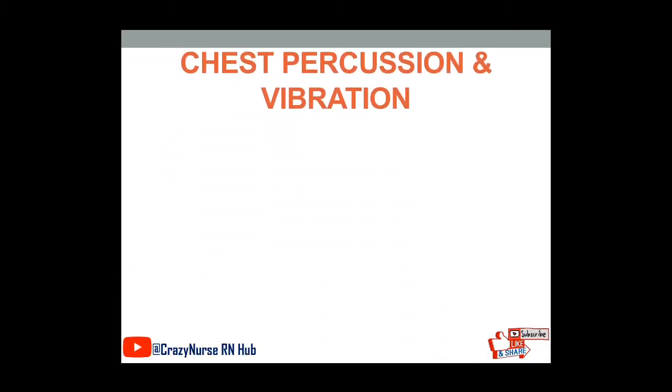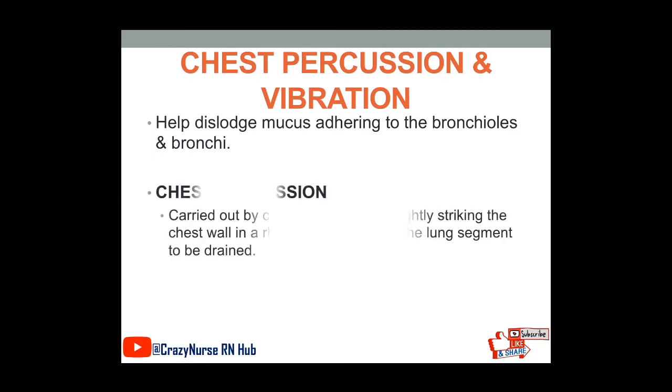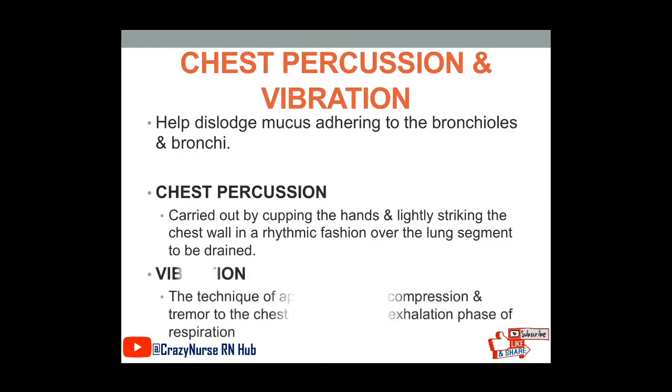Next, we have your chest percussion and vibration. It helps dislodge mucus adhering to the bronchioles and bronchi. Chest percussion is carried out by cupping the hands and lightly striking the chest wall in a rhythmic fashion over the lung segment to be drained.